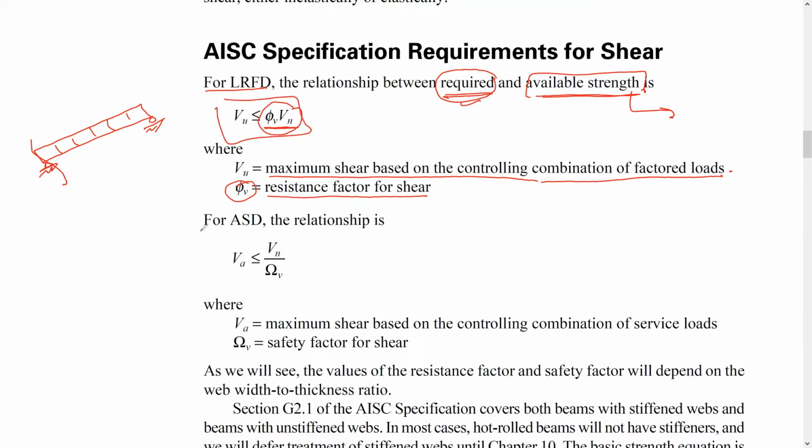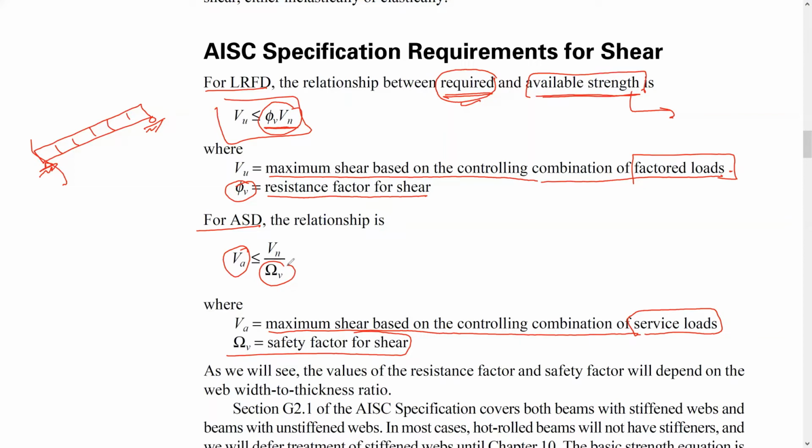And for the ASD method, the applied load, or sorry, the applied shear, which is the maximum shear based on the controlling combination, but here it's based on the service loads, and don't forget the other one is factored loads, and I think that's very clear for you. And this is the safety factor for the shear. Okay.